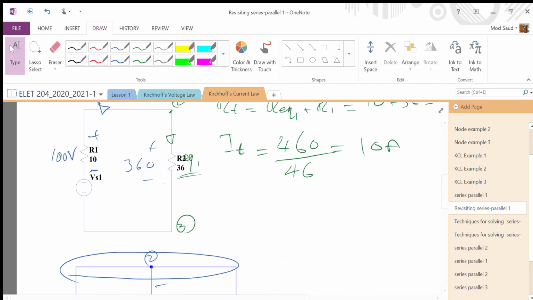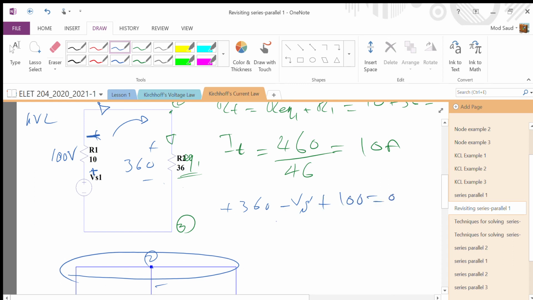How did we find it? If you apply KVL at this loop, the first thing you see is positive 360, and then minus Vs plus 100 equals 0.